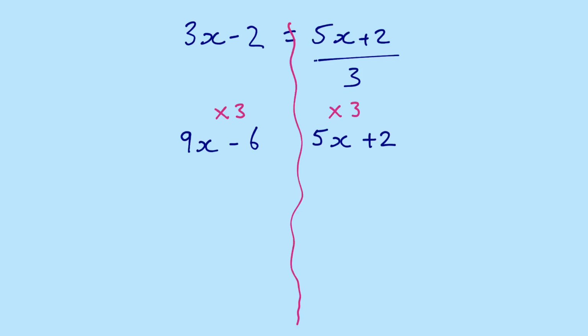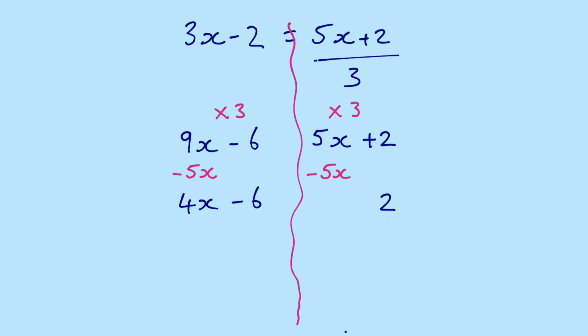So next I will look to see which side has the least amount of x's, which is the right hand side, and I will subtract 5x from both sides. So that will leave me with 4x minus 6 on the left hand side and just the 2 on the right hand side.